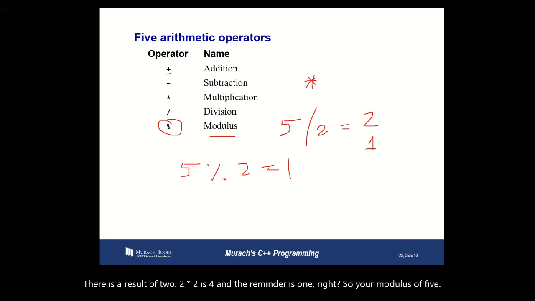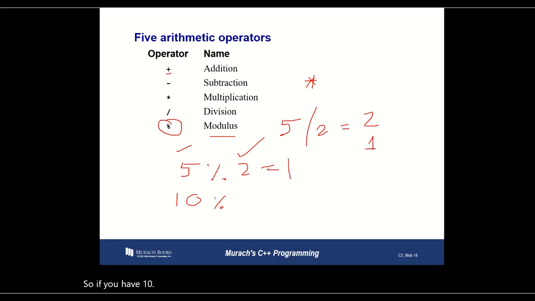It's the remainder if you divide the first argument by the second argument. So if you have 10 modulus 2, what should be its value? Should be 0, right?